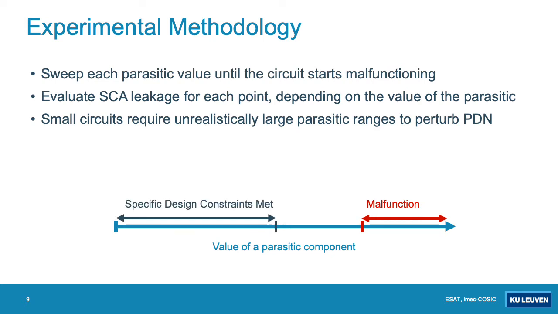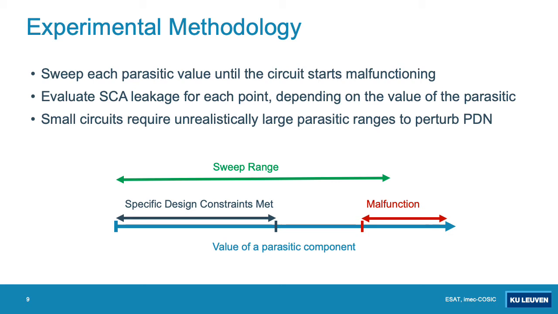On the other hand, designers try to meet the design constraints by limiting the parasitic components with the use of EDA tools. Now, to account for all possible sets of constraints, so to speak, we choose the sweep ranges to start from the negligibly small values all the way up to the values that cause the circuit to malfunction.